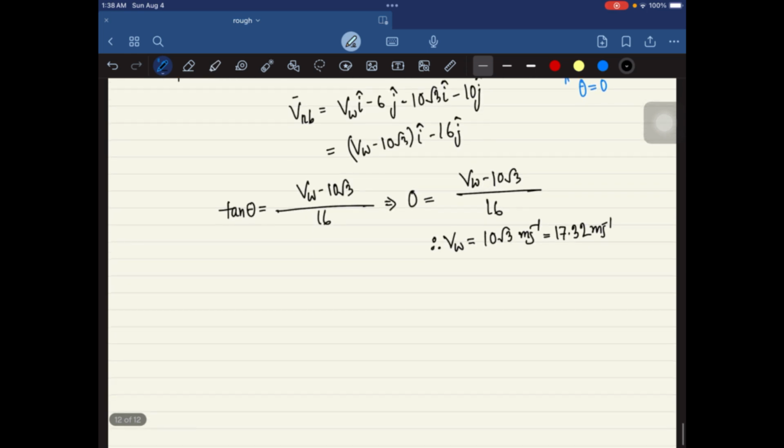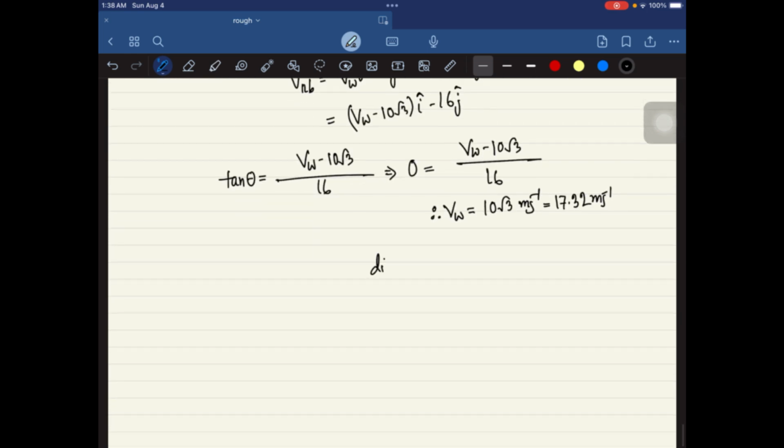So our direction will be 0 degree from the horizontal or positive x-axis.